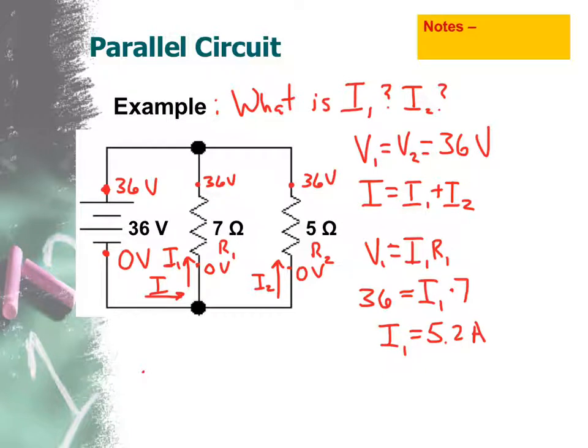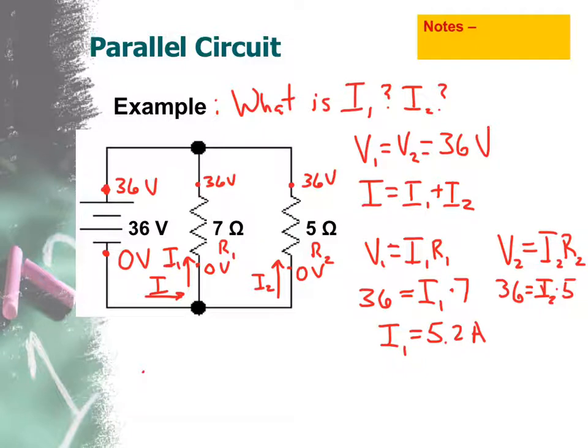We can do the same thing with our second resistor: V2 equals I2 R2. We know the change in voltage across that 5 ohm resistor, again, is 36 volts, and that's going to equal I2 times 5.